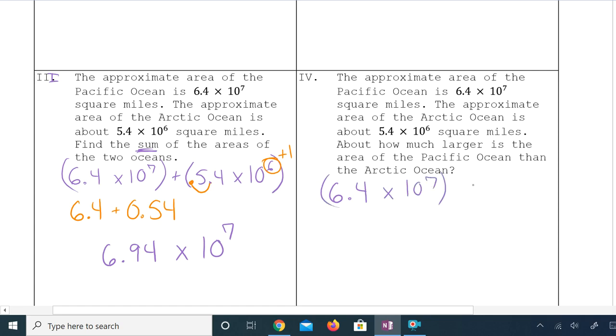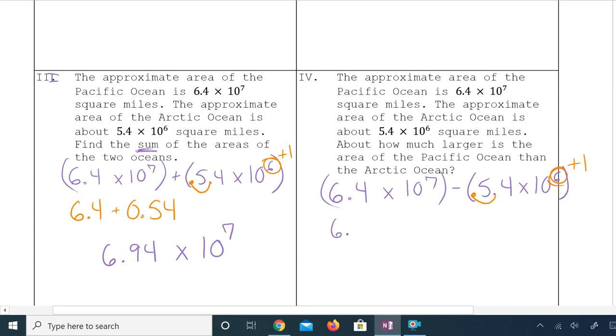So setting my problem up very similarly to the last, however, this time I am subtracting those. So since it's so similar, I can remember that I had to add 1 to 6 to make it equal 7. I had to swing my decimal 1 place to the left to keep it the same.